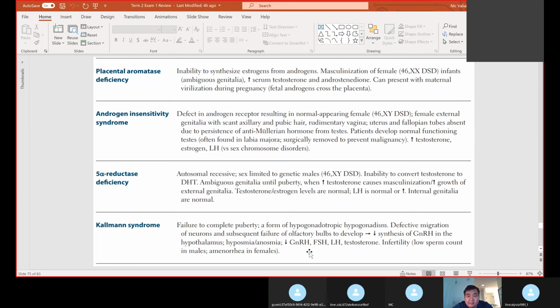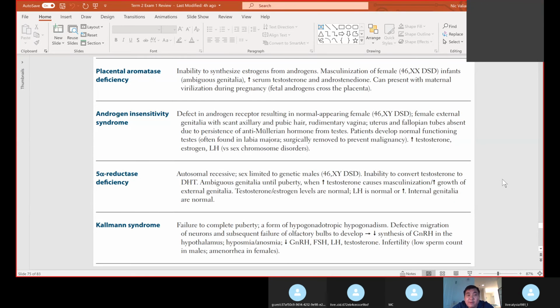If you see in the vignette hypogonadism, failure to complete puberty, and then anosmia, they can't smell. Hyposmia, think about Kallmann syndrome. Decreased GnRH, therefore decreased FSH, LH, and testosterone.